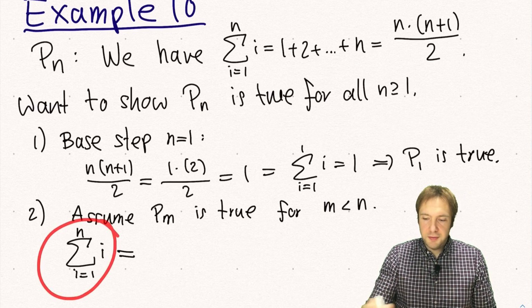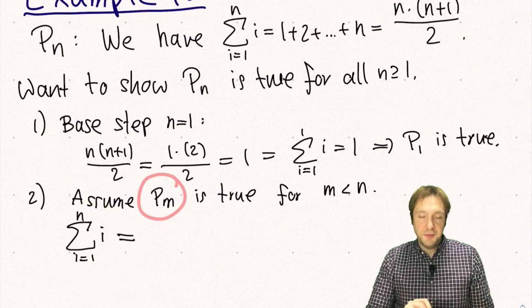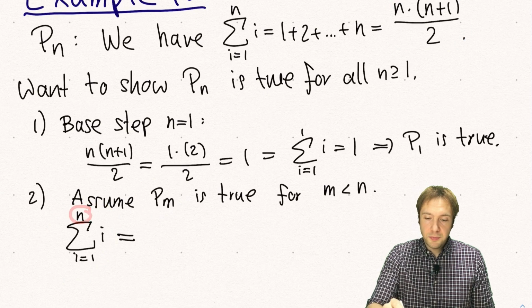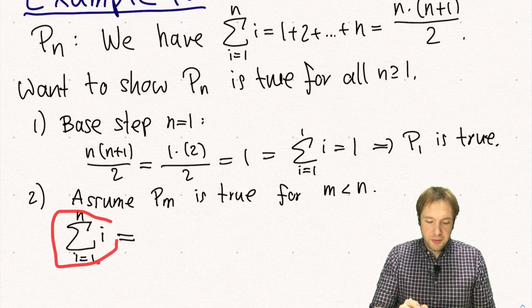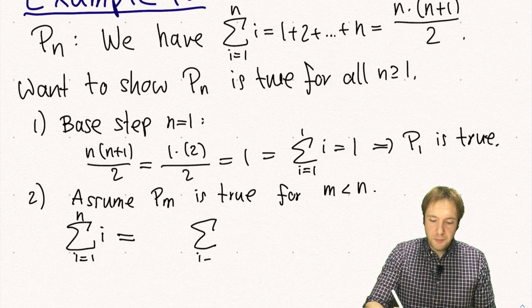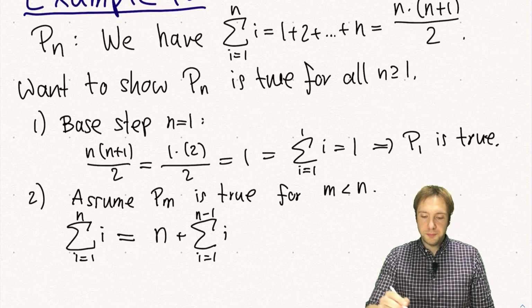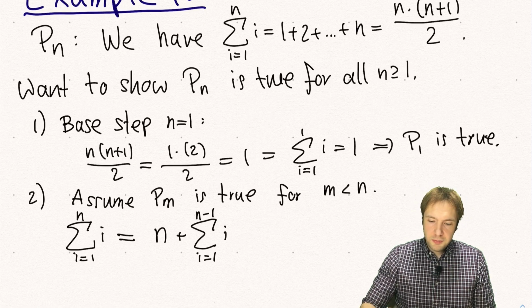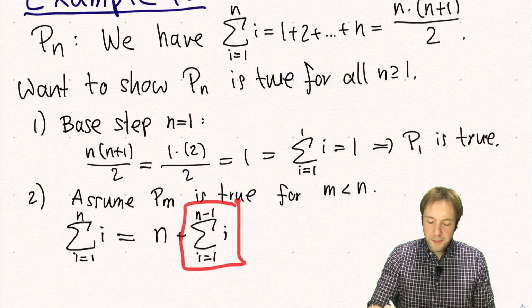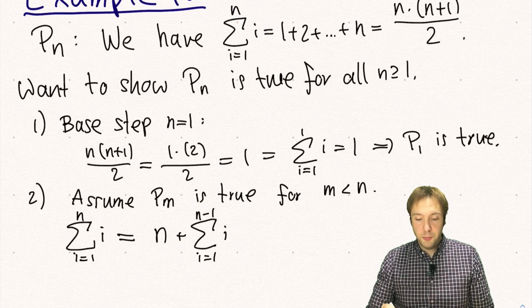And we now want to show that this equals this here by using that this is true already for smaller n. So in this sum here, a sum from 1 to n is of course the same as taking the sum from 1 to n minus 1 plus, and then takes a case where i equals n. In this case, this is just n. But now, this sum here is this sum here for n equals n minus 1.